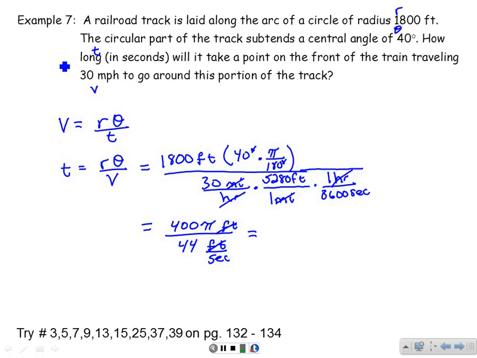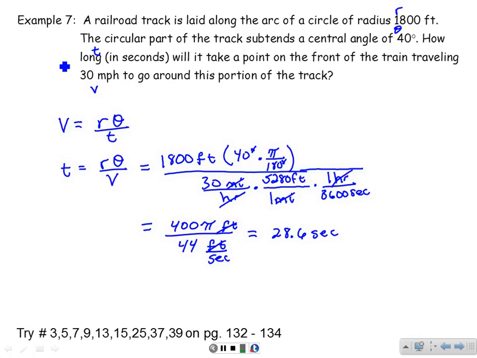And so let's do this. Let's do 400 times 3.14, or pi. Let's do that. 400 times pi divided by 44. And that's going to give us 28.6 seconds, and we are rounding.